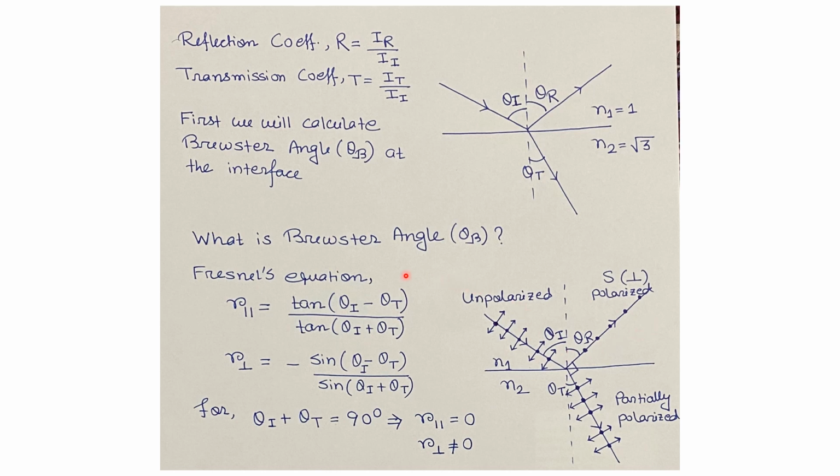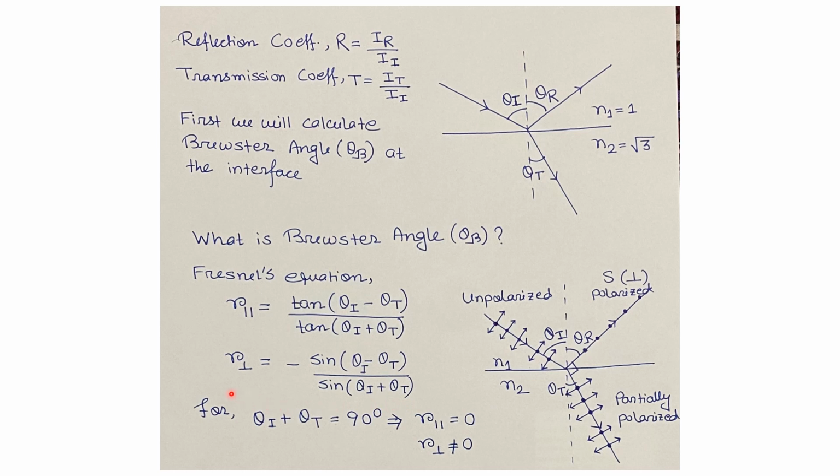According to Fresnel's equations, the reflection coefficient for the p polarized, that is the parallel component, is tan of (theta I minus theta t) divided by tan of (theta I plus theta t). And the reflection coefficient for the S polarized light, that is the perpendicular electric field to the plane of incidence, is minus sin of (theta I minus theta t) divided by sin of (theta I plus theta t).